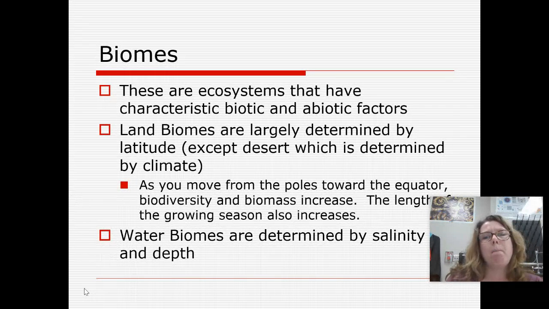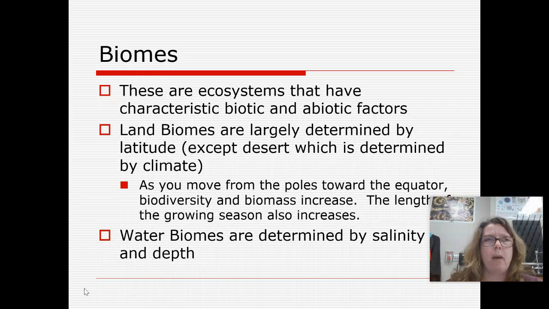So biomes are big ecosystems, okay, that have characteristics, biotic and abiotic factors. Okay, so typically, if you're talking about land biomes, they kind of tend to be determined by latitude. They're these big biome groups that are by latitude across the entire world, which desert in and of itself is determined by climate.